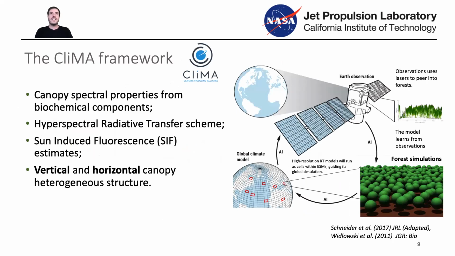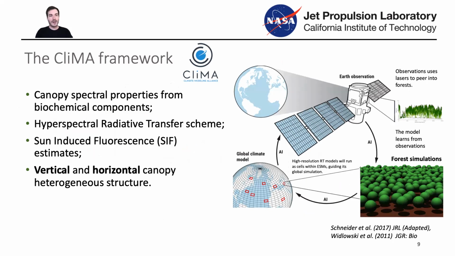So the way in which these Earth system models usually work, it's an ultra parameterized model. They usually have the paradigm of plant functional types to describe the land surface, but also they have the idea of lookup tables to describe spectral properties of the canopy.